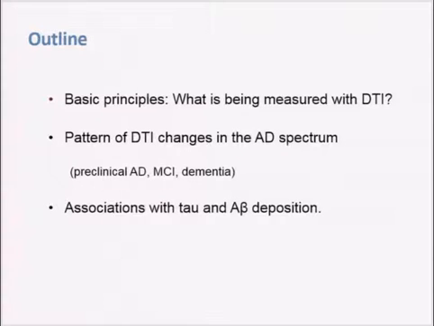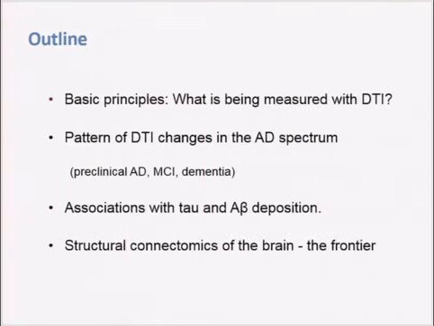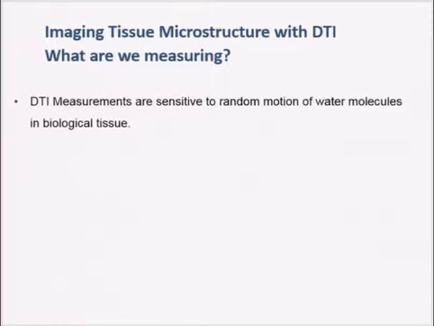And we will move on to the relationships to tau deposition and A-beta deposition and DTI connectonomic signatures. And finally, we will talk about some of the frontiers of this technique, such as the whole brain structural connectonomics and how that might help us understand the brain connections better.